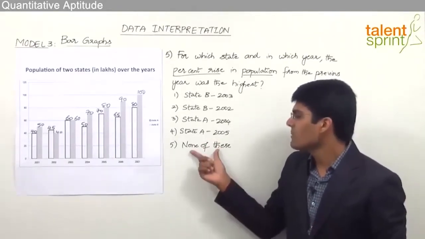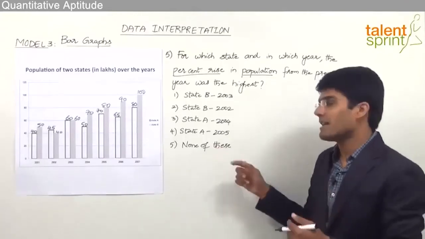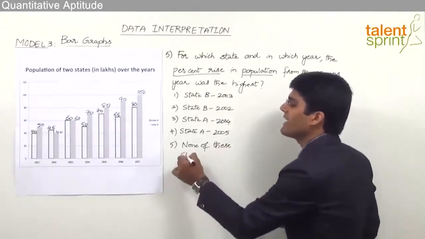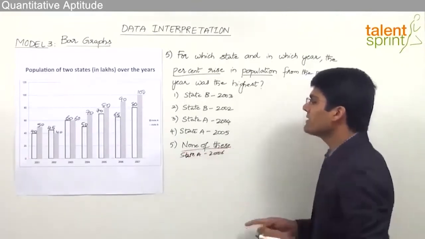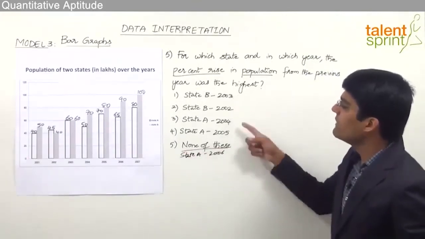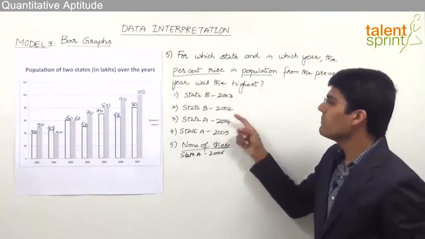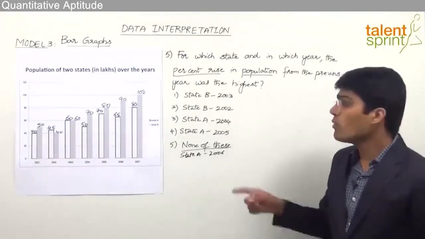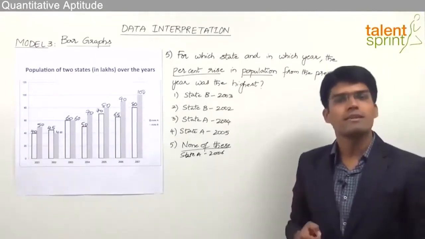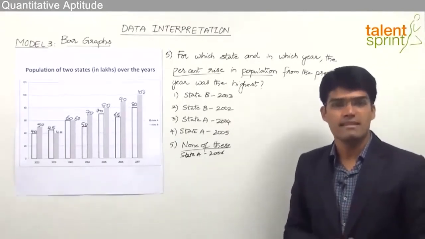Because let's say the fifth option here is state A in 2006. Then what we can do is find out the percentage rise only for these five options: B in 2003, B in 2002, A in 2004, A in 2005, and A in 2006. Out of these five, wherever the percentage rise is maximum, that can be taken as the answer.